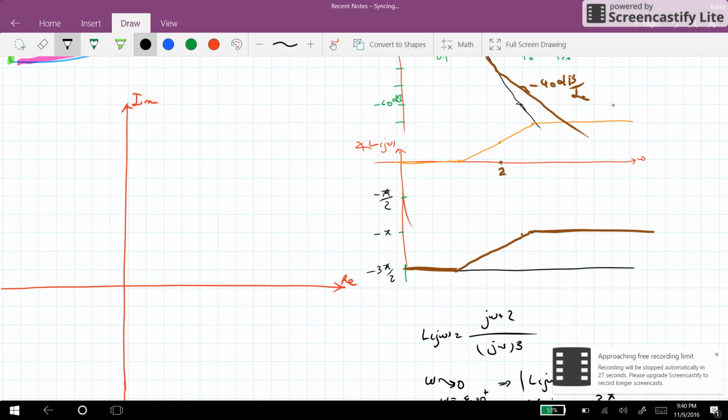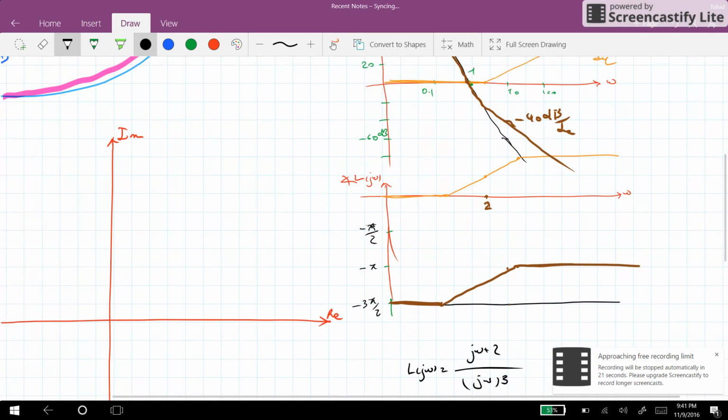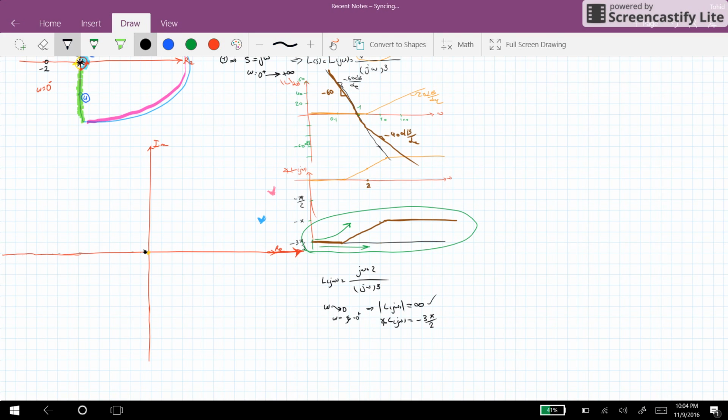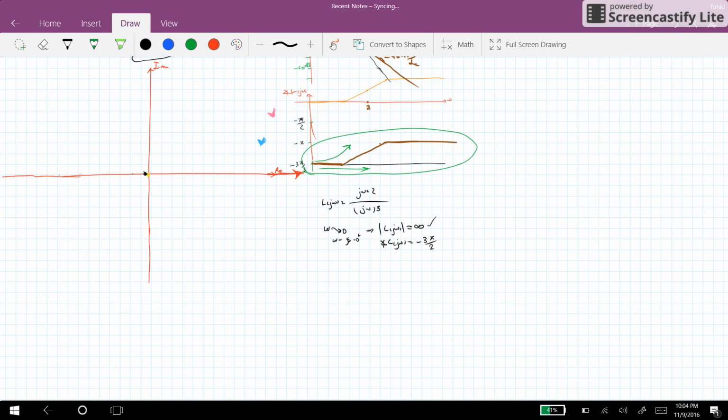Minus 3 pi over 2 for very low frequencies, and 0 in terms of the amplitude. So this means that for omega going towards 0, we will be somewhere around here. But we need to determine in which area we are. Is the phase smaller than minus 3 pi over 2 or bigger than minus 3 pi over 2?